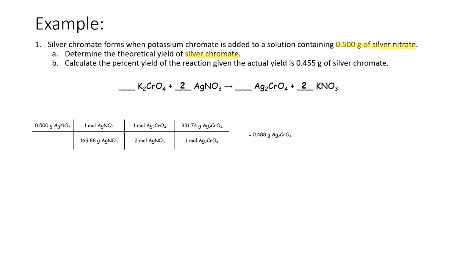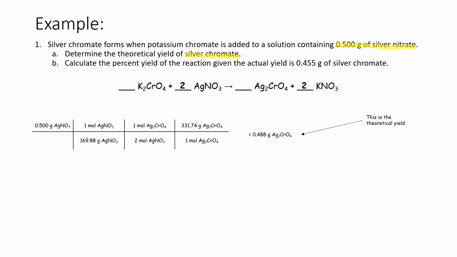When I did, I got 0.488 grams of silver chromate. Okay, now remember, this is the theoretical yield. All right, we just didn't call it theoretical yield the last couple of days when we were doing mass-to-mass stoichiometry. But from now on, whenever we do that mass-to-mass stoichiometry, just think we're solving for that theoretical yield. Okay, so part A is done.